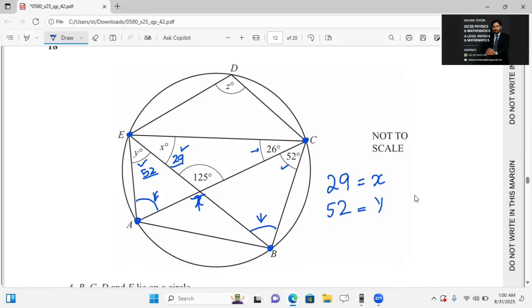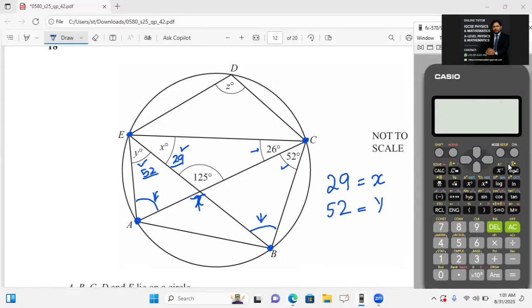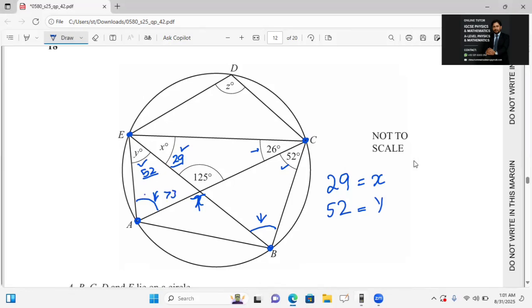Then I will subtract this angle to get my Z. So first of all, I am saying here 180 minus 26 minus 29 minus 52 equals... No, it should be 180. 180 minus the sum equals 73. So this angle is 73 degrees.